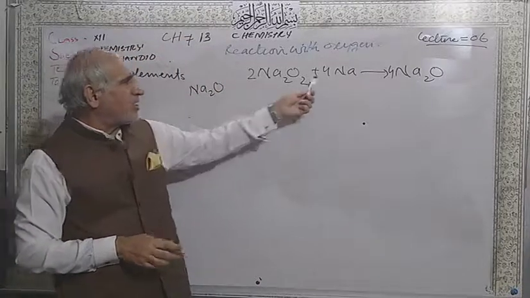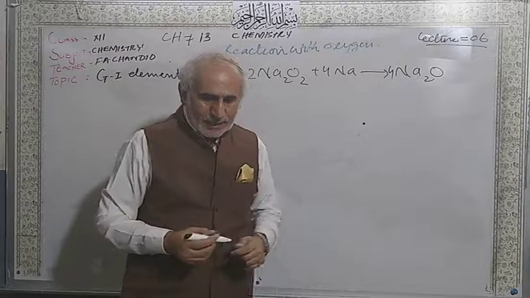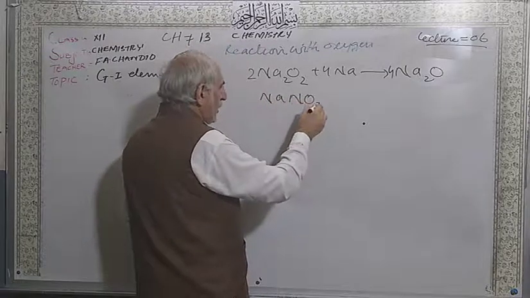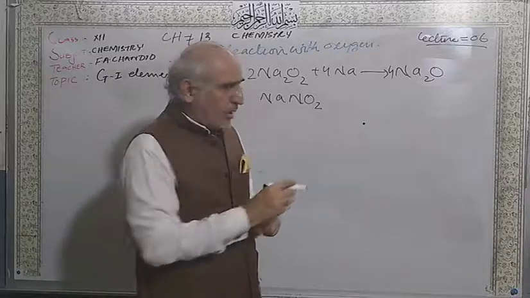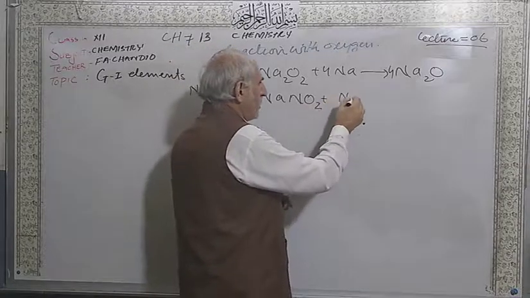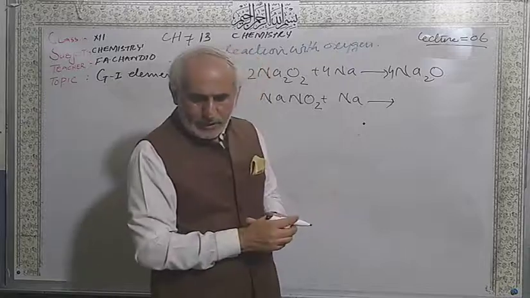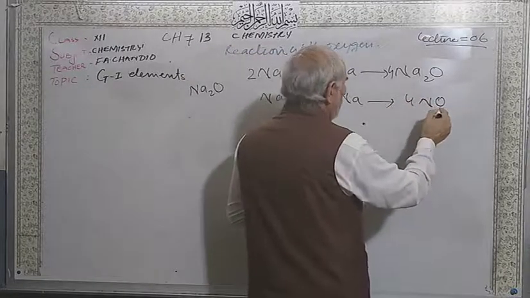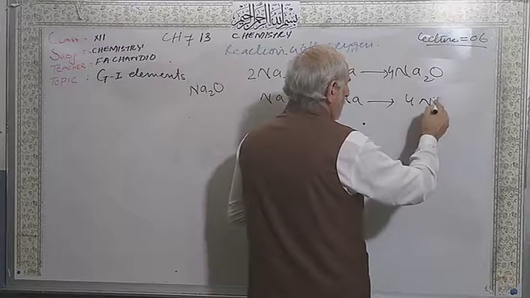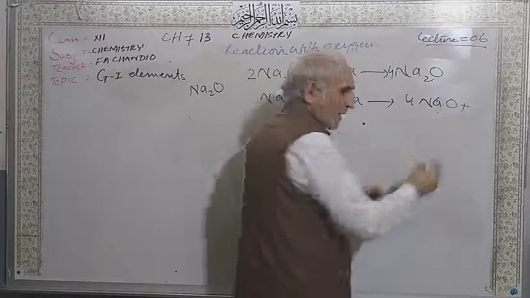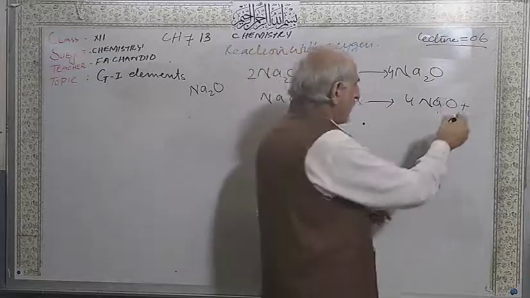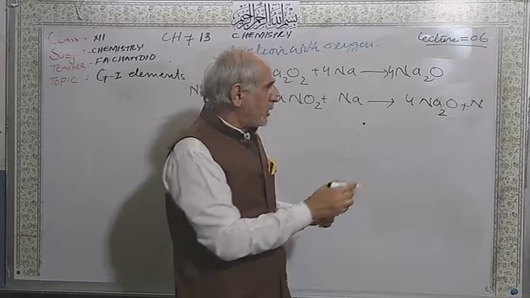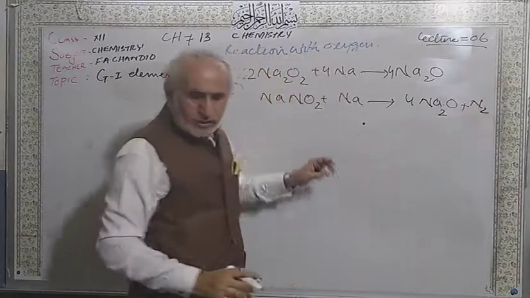I use peroxide and sodium, and this is the normal oxide. And there is sodium nitrite, again with sodium, and you will get sodium normal oxide plus also nitrogen gas.